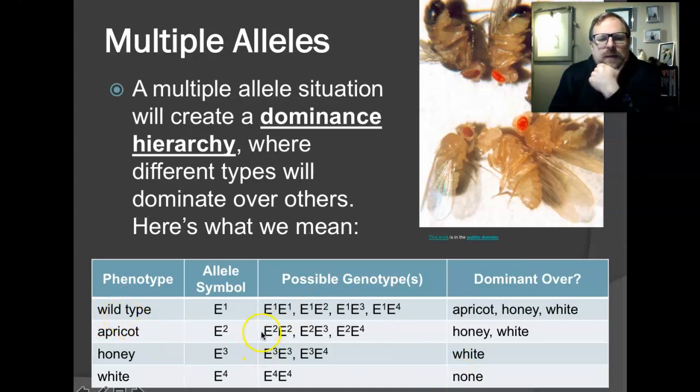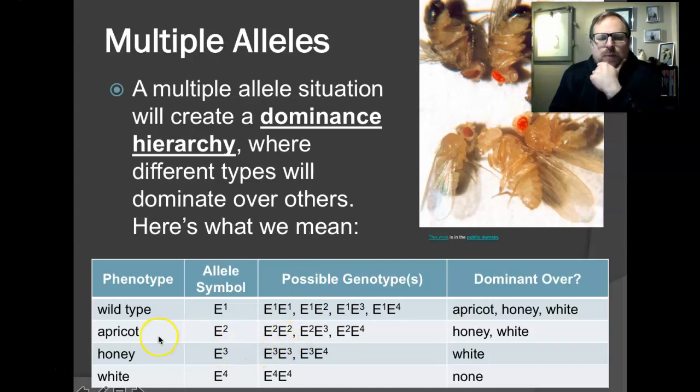Okay, and then as we move down the list, we have the less dominant alleles. Now we've moved into the mutant alleles here, but there's a hierarchy here. And what it's saying is that the E2 allele is dominant over honey and white. So if you have an E2 allele in one of these 3 combinations, the individual will have apricot eyes.